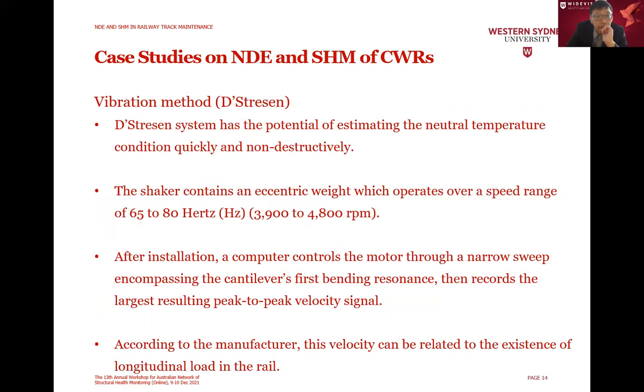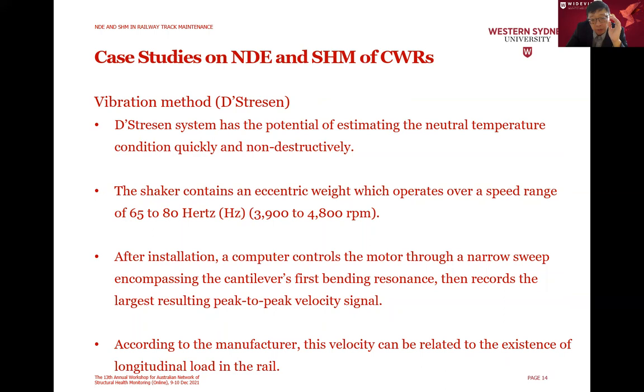And the last one is the vibration method, which is definitely an effective method with potential to measure the neutral temperature condition quickly and non-destructively. The shaker contains an eccentric weight which operates over a speed range of 65 to 80 hertz.